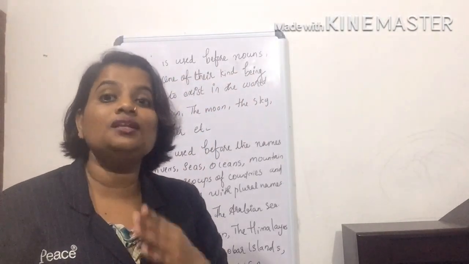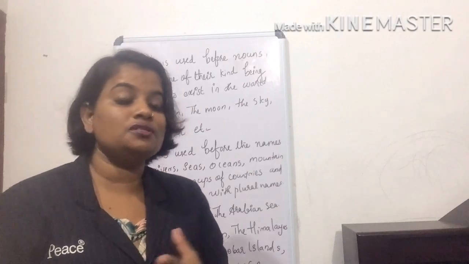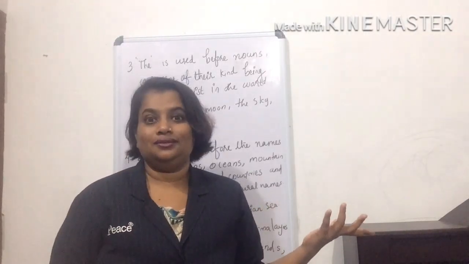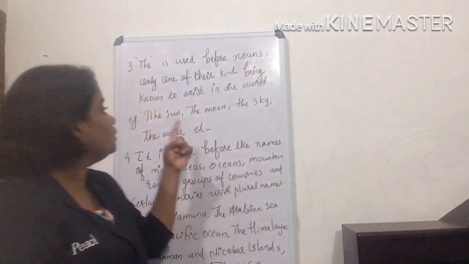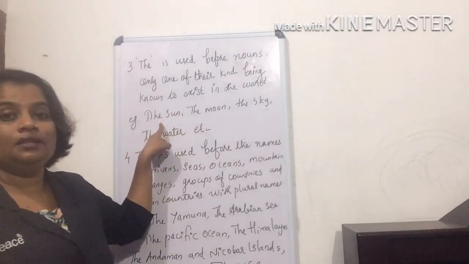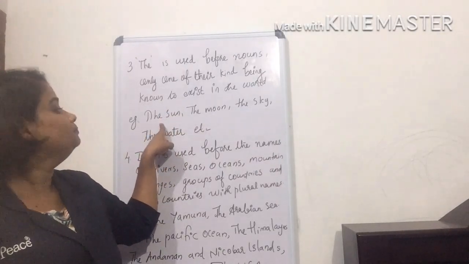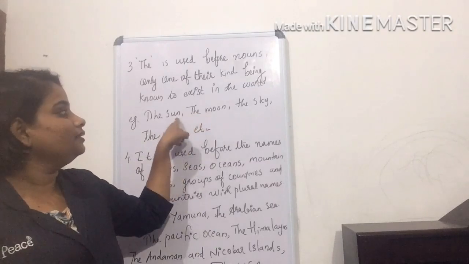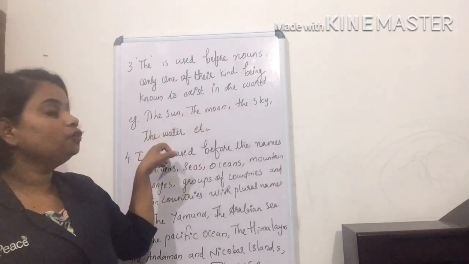That is the universal truth. So before a universal truth you can use the. Examples: the moon, the sun, the sky, the water.